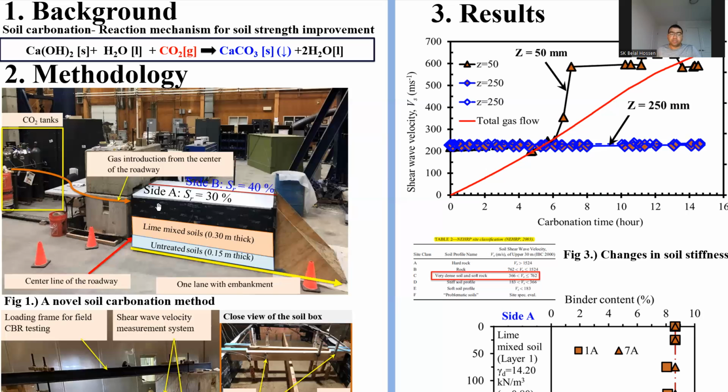The concept is to introduce the gas at the center of the roadway when the roadway is covered with a regular construction grade plastic tub. So the gas will be introduced from the surface of the roadway so that it can carbonate a practical depth that is needed for typical roadway stabilization.